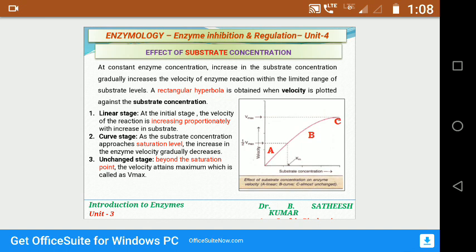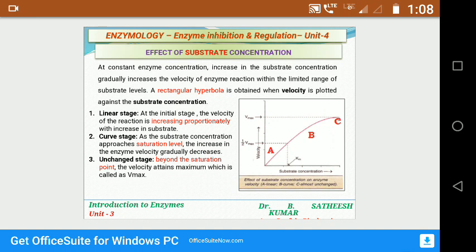At this stage, the concentration of the substrate and the enzyme activity both increase proportionately, because compared with the enzyme concentration, the substrate concentration is very less. So below the saturation levels of substrate concentration, the enzyme activity will be proportionally increased. So we will get a linear curve in that region.